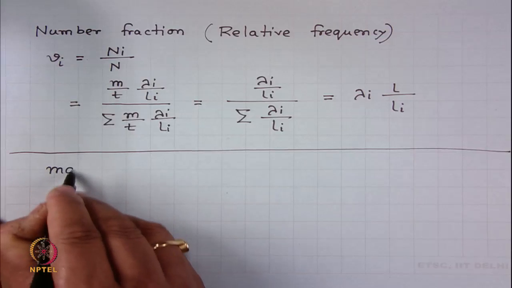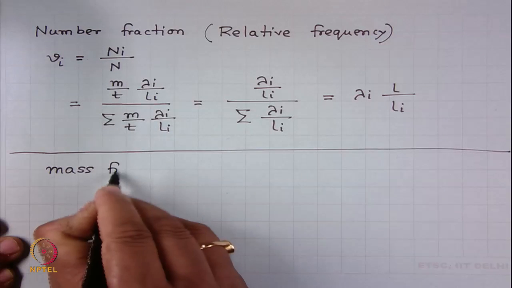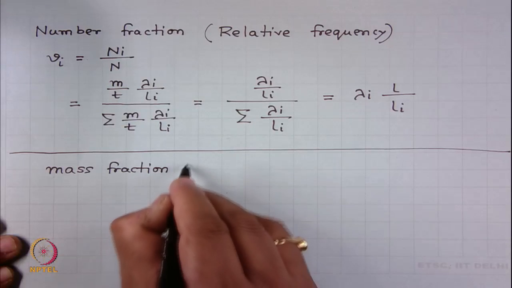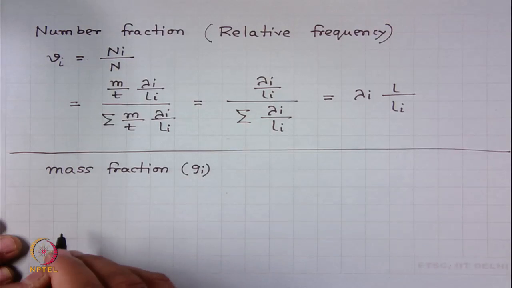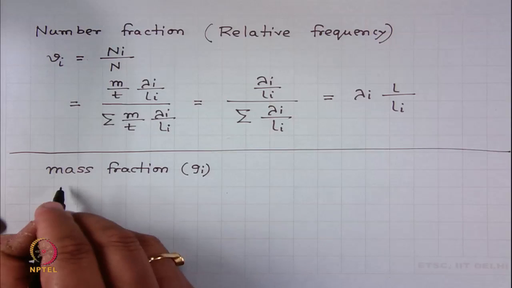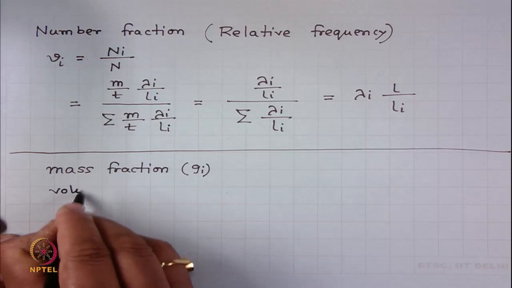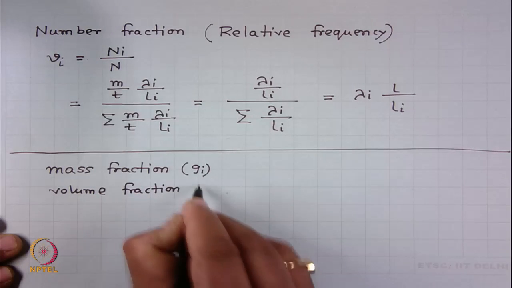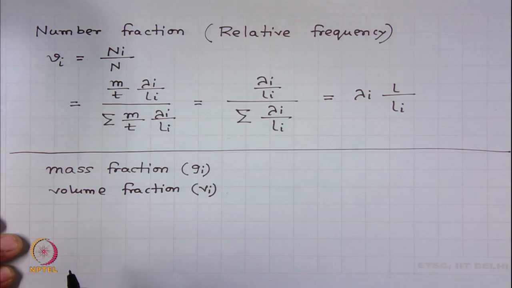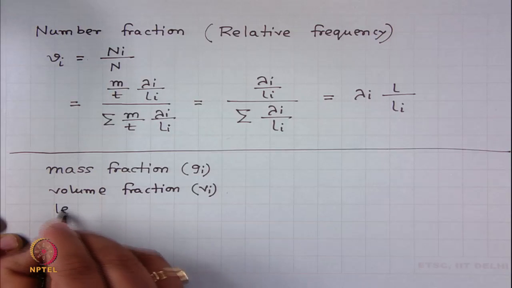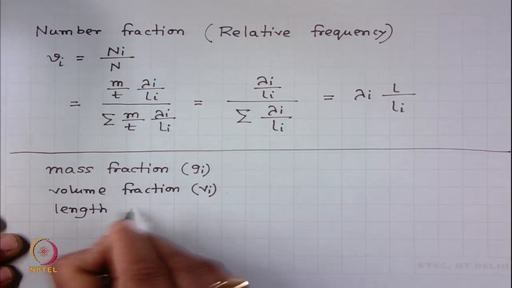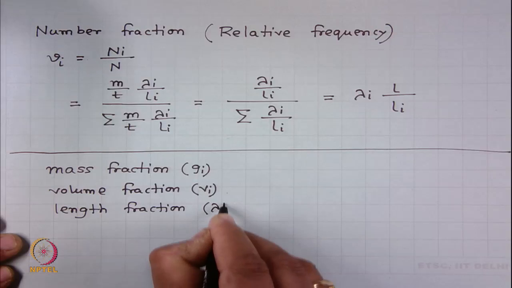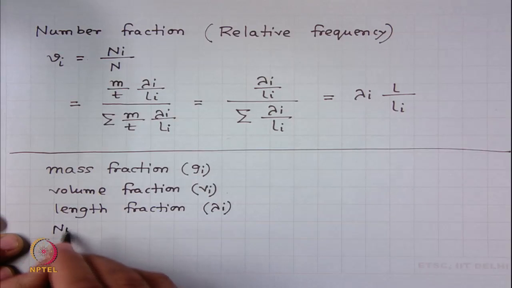One is mass fraction Gi, second is volume fraction Vi, third is length fraction, fourth is number fraction.